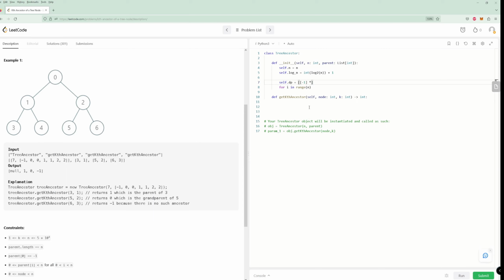So it's going to look something like this in Python. It's a two-dimensional array, and this is the columns. This is going to be one row of the array, which is -1 times self.logn.